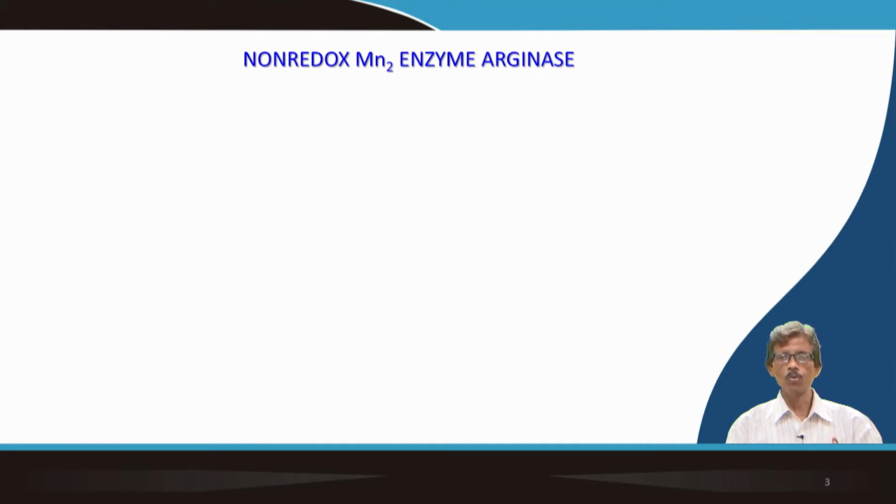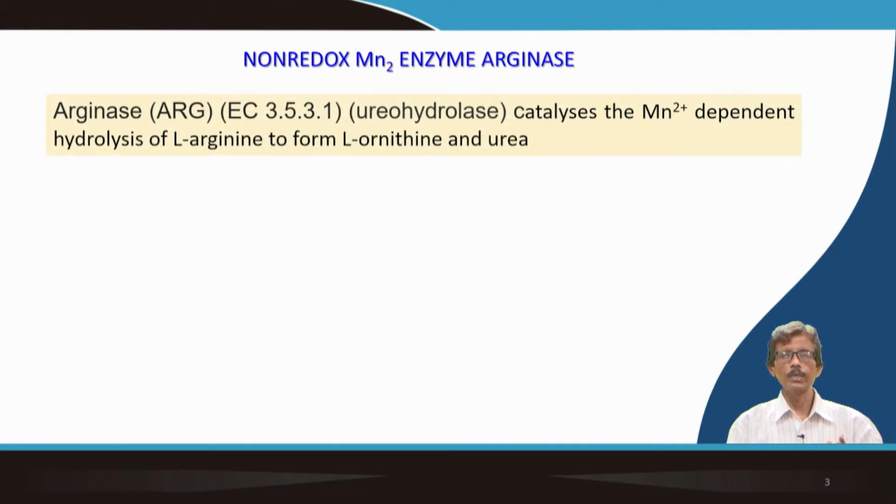As we know, in terms of nomenclature, its EC number, the enzyme commission number, is 3.5.3.1, and it is a ureohydrolase enzyme. It can go for a hydrolysis reaction, and one of the components of the hydrolyzed form is urea. So urea will be produced.